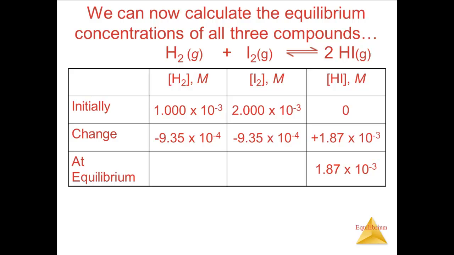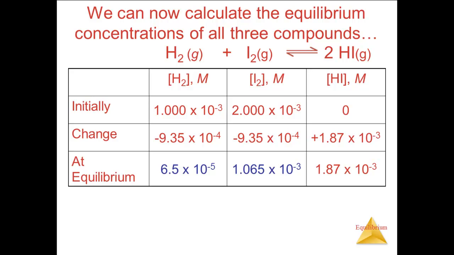We are now able to determine that the equilibrium concentration of H2 equals 1.000 times 10 to the minus third minus 9.35 times 10 to the minus fourth equals 6.5 times 10 to the minus fifth molar, and the equilibrium concentration of I2 equals 2.000 times 10 to the minus third minus 9.35 times 10 to the minus fourth equals 1.065 times 10 to the minus third molar.